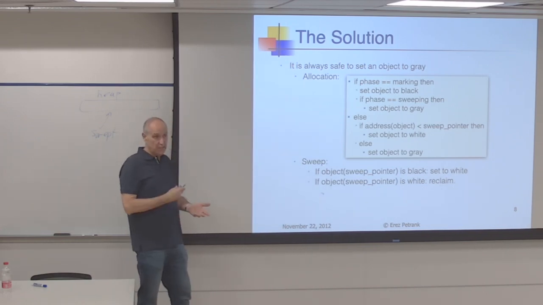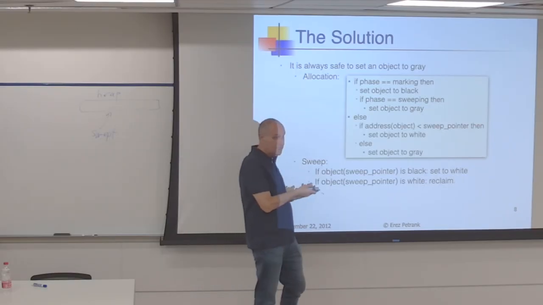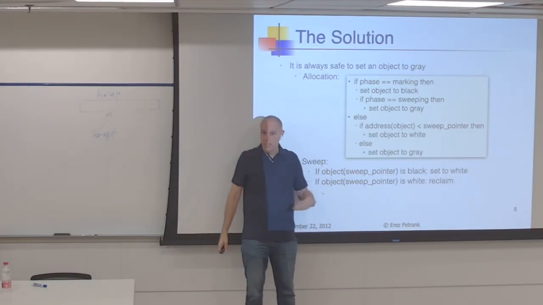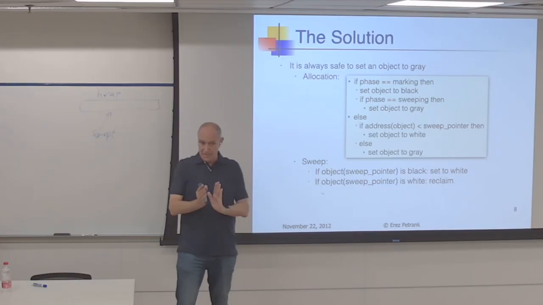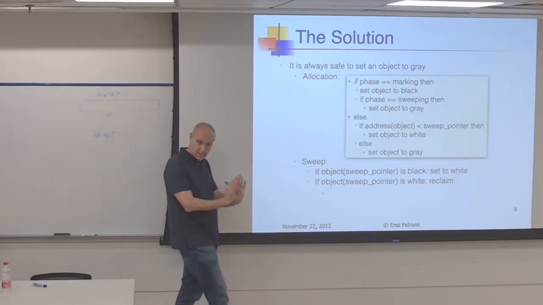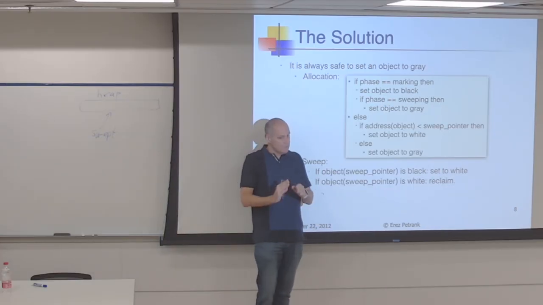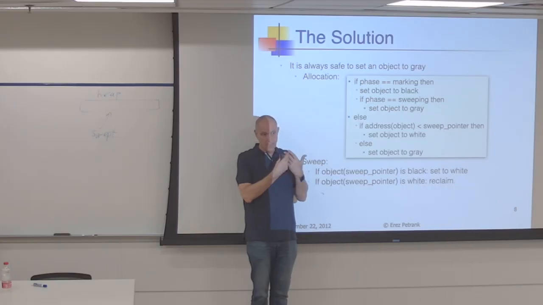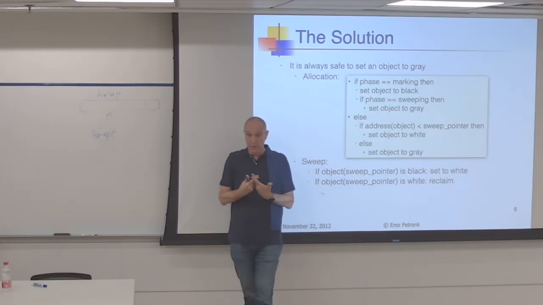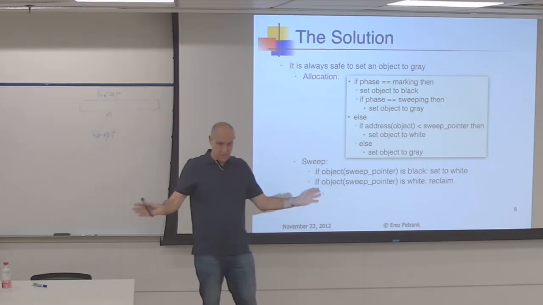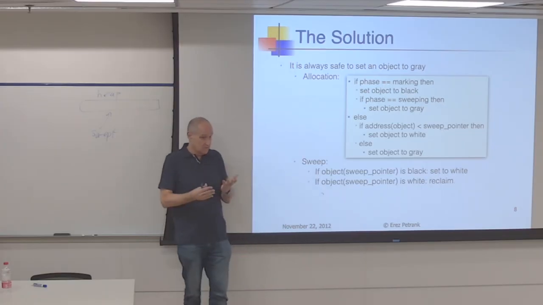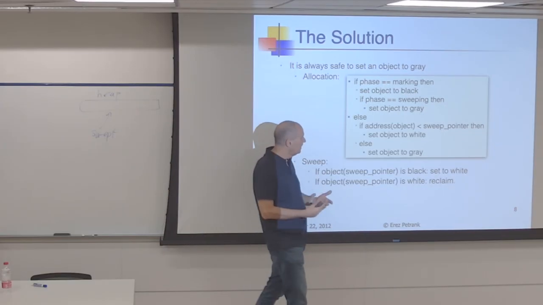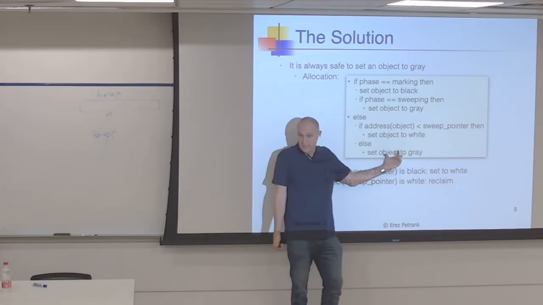Okay, there may be gray objects, maybe too many. Maybe you could have saved more objects that you could make not gray. If it is gray, it is correct. Everything is okay, but it will remain for the next collection. It will be gray then, and it will be marked, and all its children will remain in the heap, even if it's not alive anymore, if it's not reachable. But it's not incorrect.